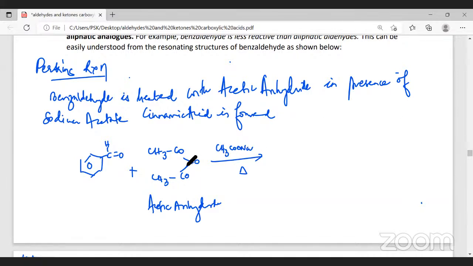Now what happens is the bonds will break here. The bond breaks here. Now this happens in the presence of water, or maybe we can write it like this.